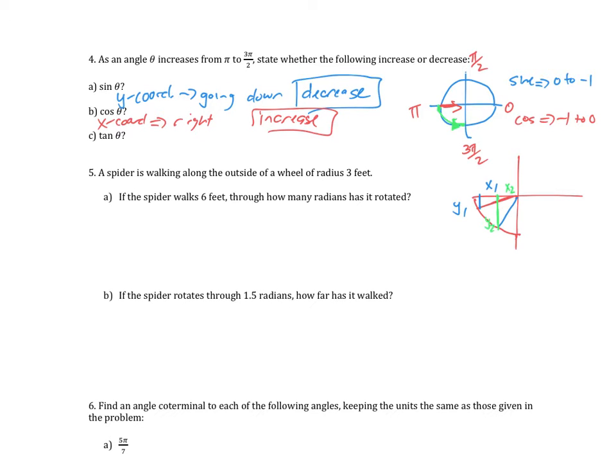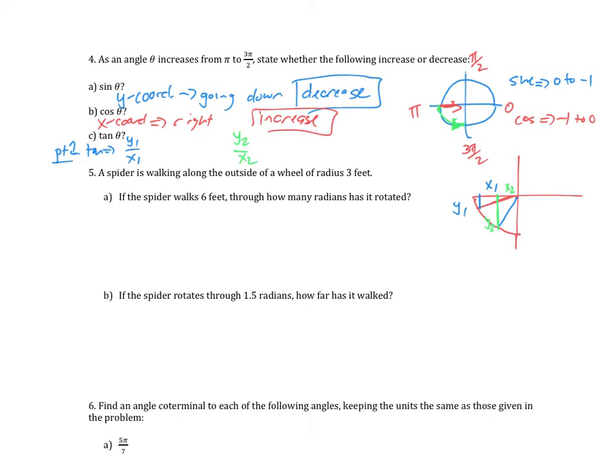And remember, tangent is y over x. So at the beginning of the interval, at point 1, the tangent will be y1 over x1. And at point 2, we're going to have y2 over x2. And we want to compare those two.